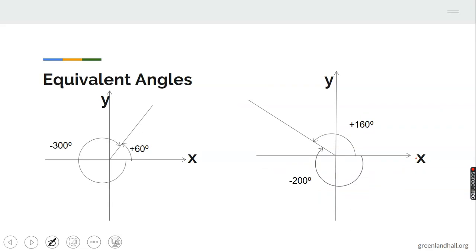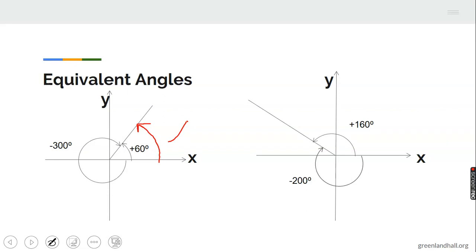Equivalent angles. We are talking about those angles that have the same value. That's what I mean by equivalent angle. Now here you have 60. You move from the positive x-axis. This is 60 degrees.